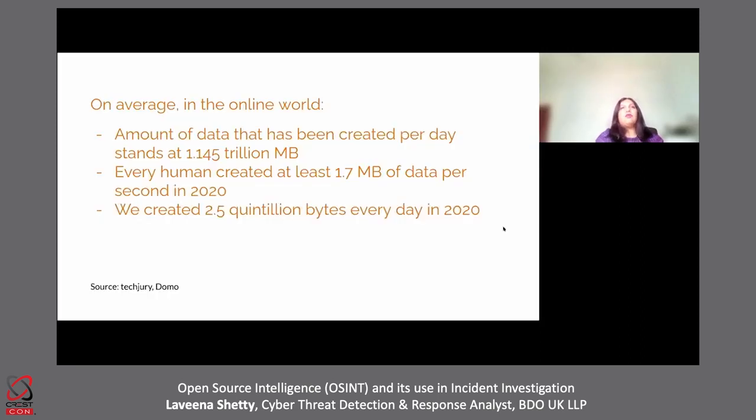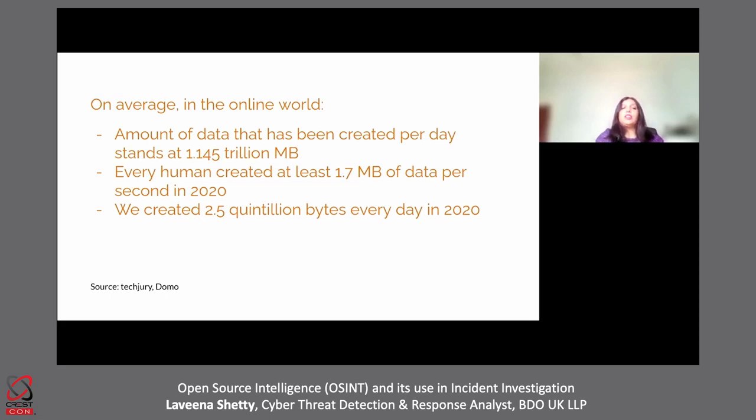On average, in the online world, the amount of data that has been created per day stands at 1.145 trillion megabytes. And every human apparently created at least 1.7 megabytes of data per second in 2020. And we have created around 2.5 quintillion bytes every day in 2020. These are the statistics as of 18th of May, 2021.